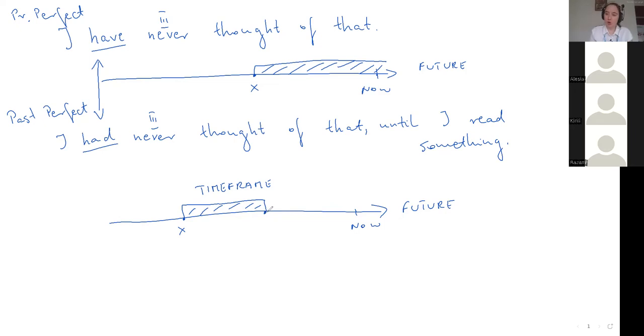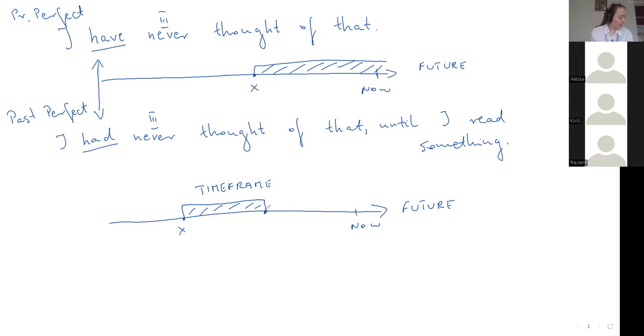When was the stop moment of the period of time when you had never thought of that? What happened here? That would be quite a logical question. So, okay, you had never thought of that. And so what happened there? Okay. So that's one big difference between present perfect and past perfect. So the time frame is closed.